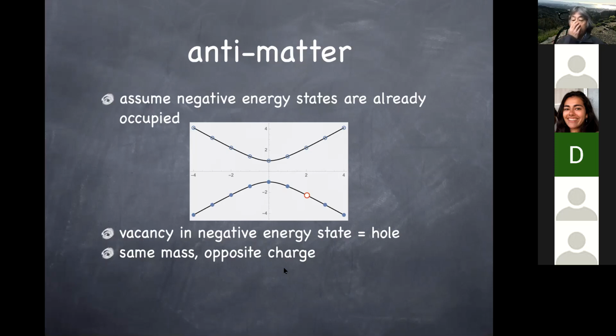And that was a sign that the hole carried the opposite charge from that of the electron. So this is where you actually used this idea that the hole of an unoccupied state can be viewed as a state with the opposite electric charge. And we are applying the same idea here. And so that's the prediction of antimatter.